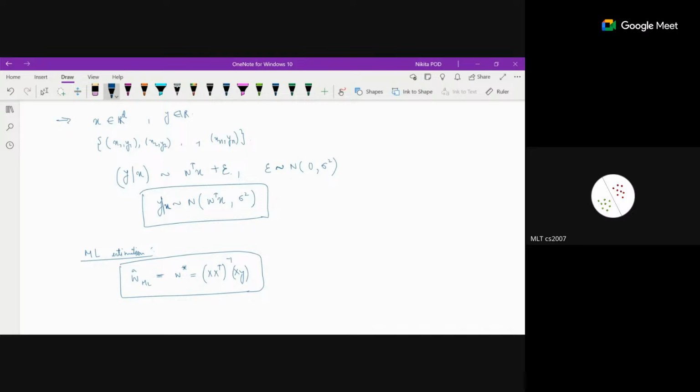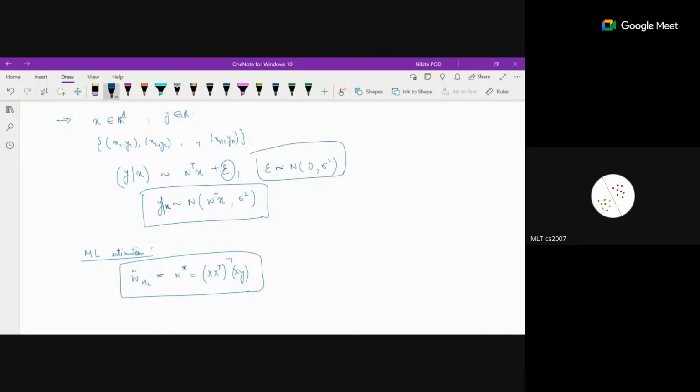So what we can say from here is that when we assume this noise to be Gaussian, solving this estimation problem is nothing but the same linear regression solution that we found using the least square error, right?